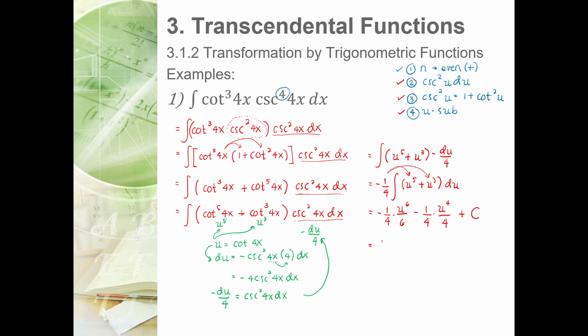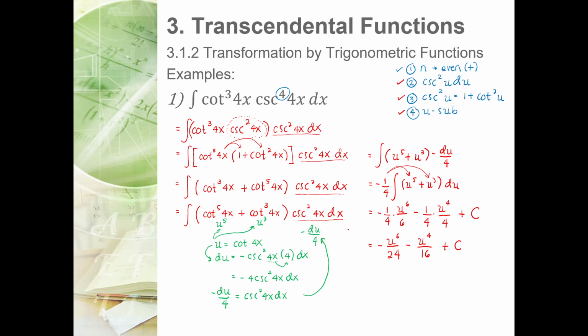So you have negative u to the power of 6 all over 24 minus u to the power of 4 all over 16 plus c.